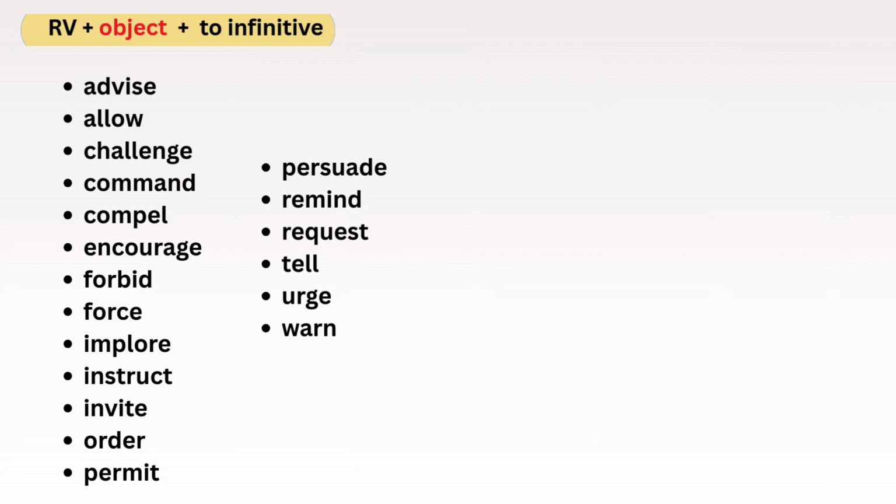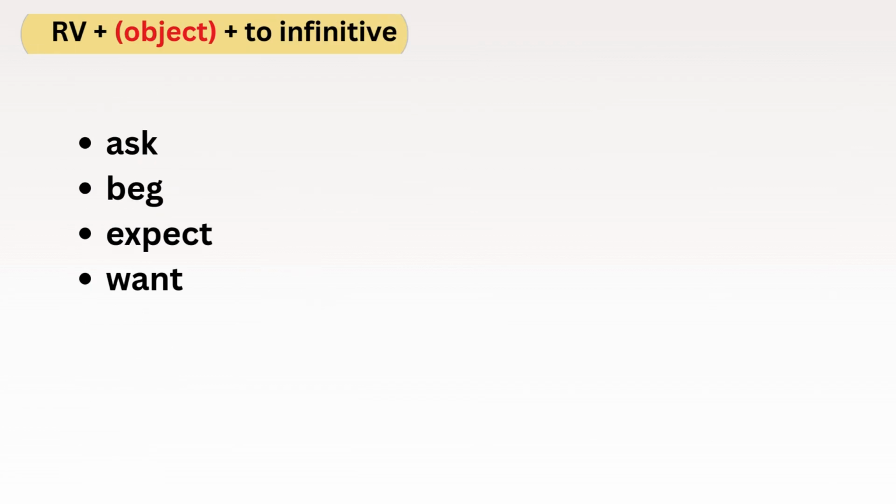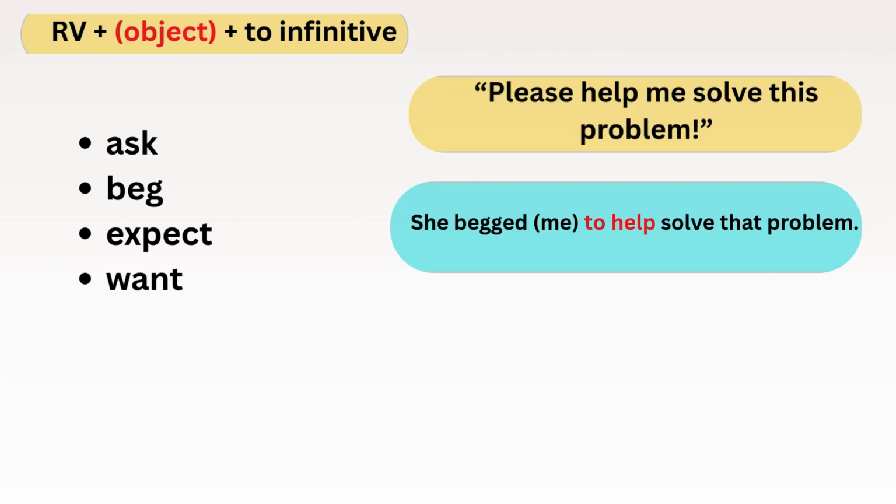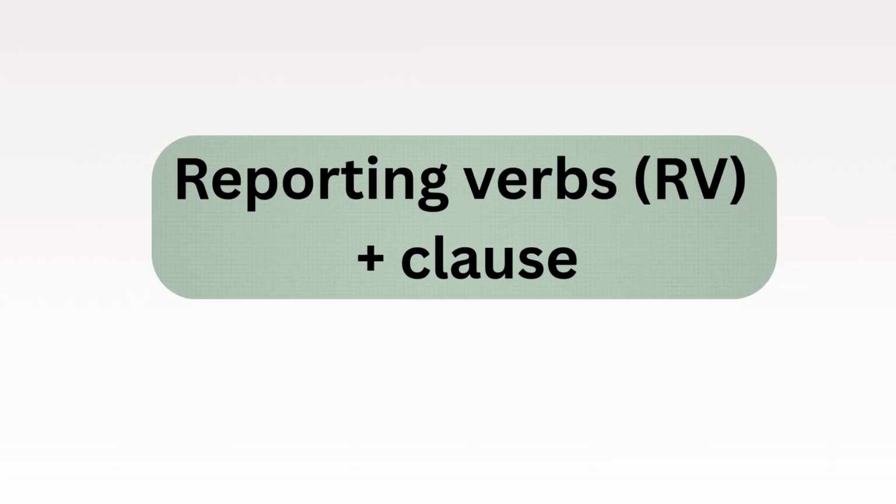And there is another list where object is not obligatory, it's optional between a reporting verb and to infinitive. These are ask, beg, expect, want. So here we can see she begged me to help solve that problem. Or you can simply say she begged to help solve that problem. So object here is optional. And finally, I'm going to talk about reporting verbs only.